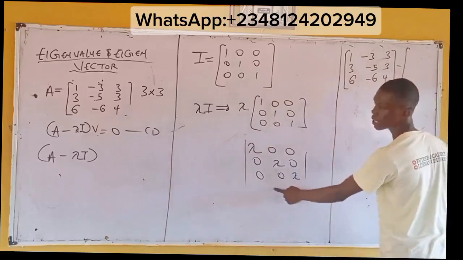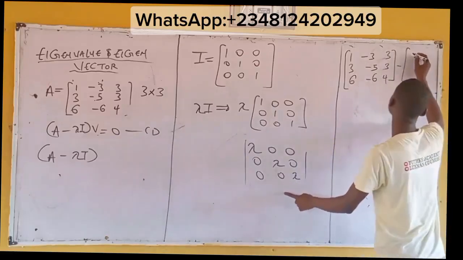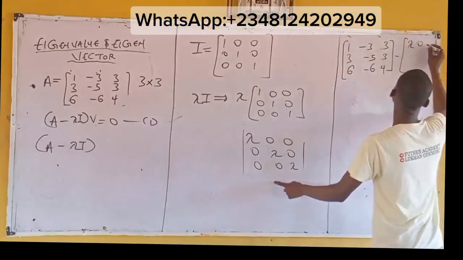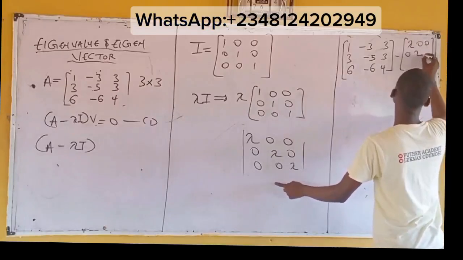Minus lambda I. This is lambda I, meaning diagonally, I have lambda, 0, 0, 0, lambda, 0, 0, 0, lambda.